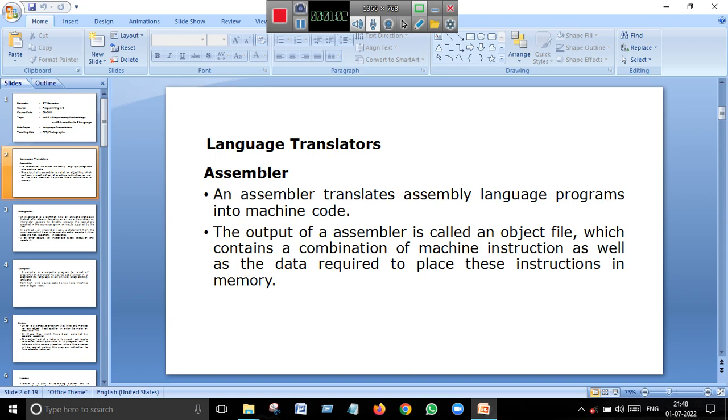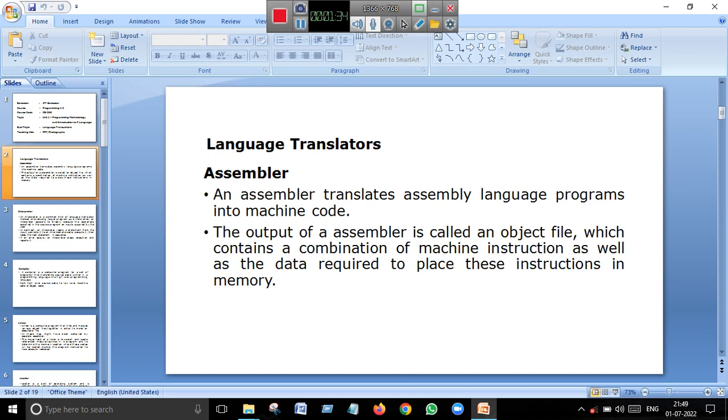The last class we have seen what is an algorithm and flowchart, and the differences between algorithm and flowchart.